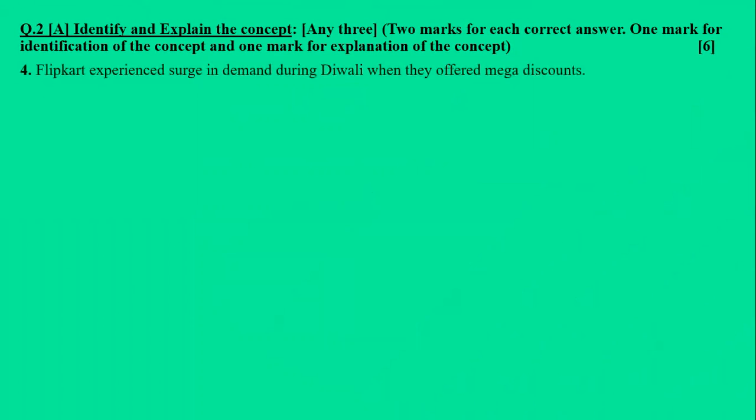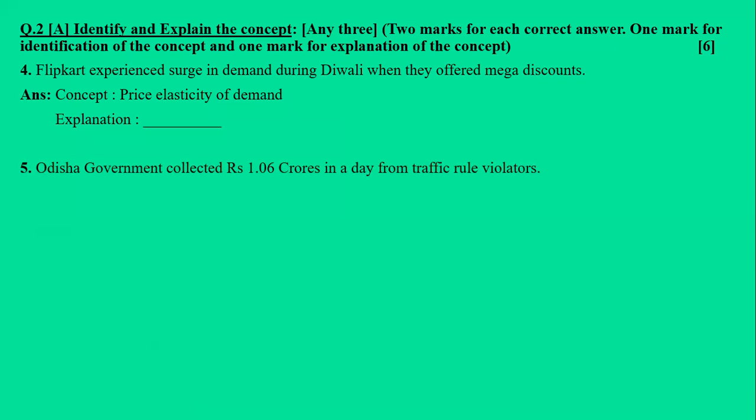Fourth: Flipkart experienced a surge in demand during Diwali when they offered mega discounts. So the correct concept is price elasticity of demand. Now you have to explain the concept, price elasticity of demand. Fifth one: Odisha government collected rupees 1.06 crores in a day from traffic rule violators.